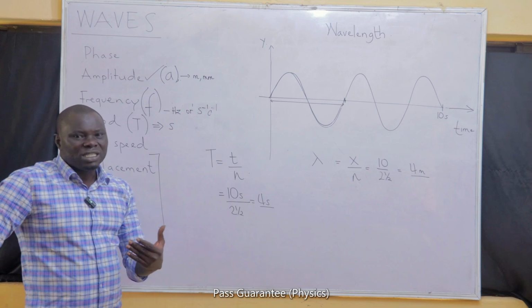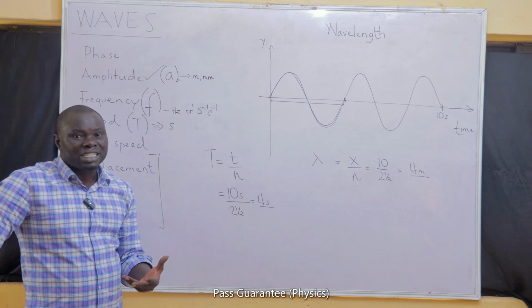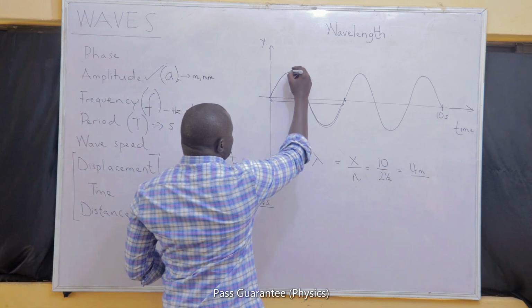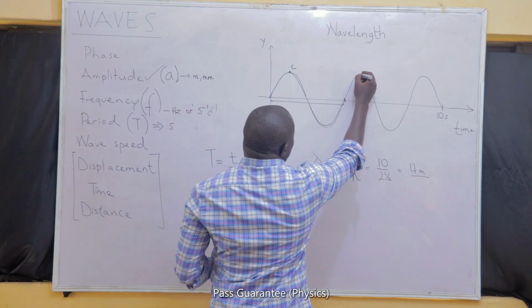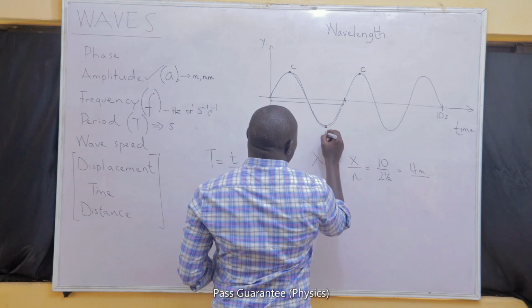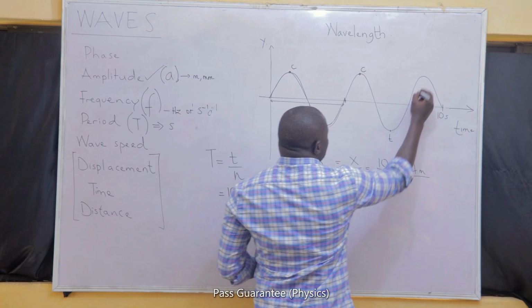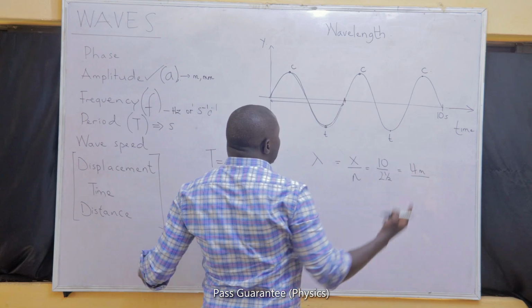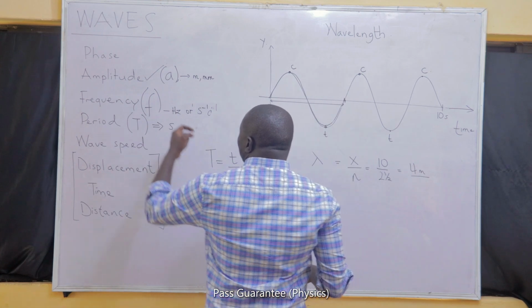I can give you things that also ultimately translate into a cycle. For example, this is a crest. If this were a transverse wave, this is a crest, this is a trough, this is a trough, this is a crest.